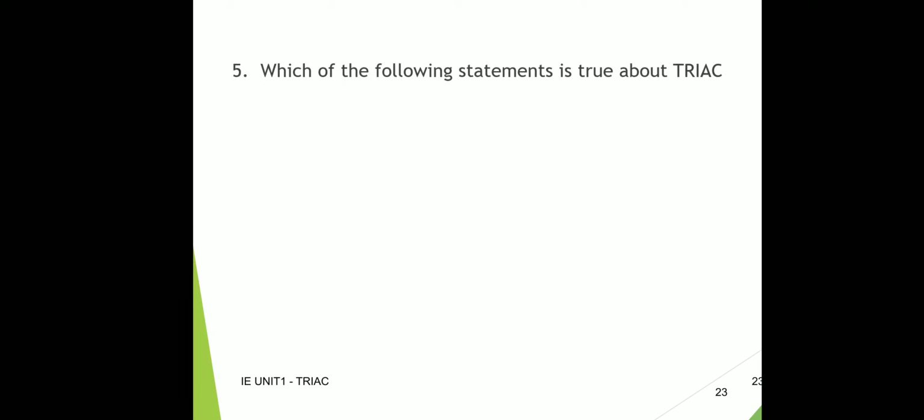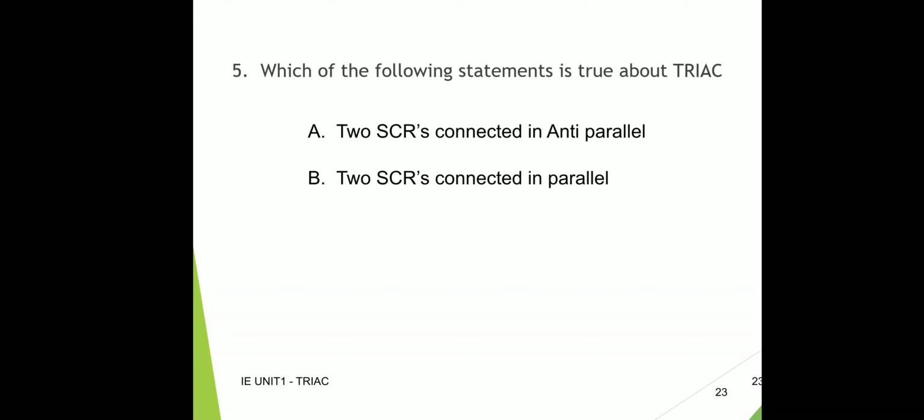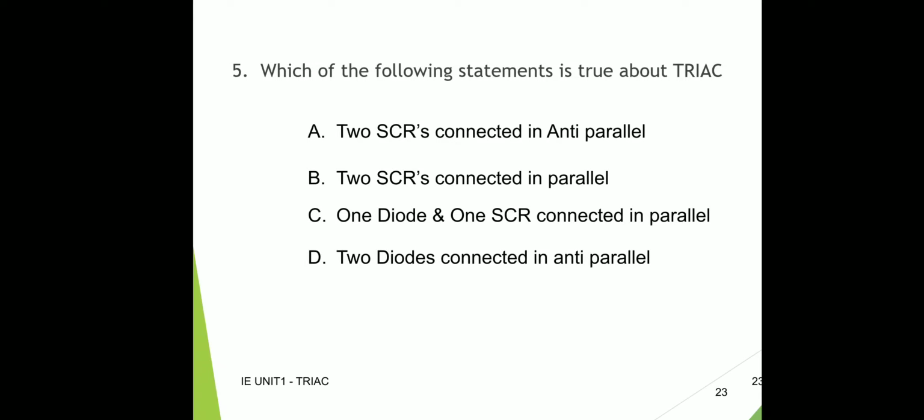Next question, which of the following statements is true about triac? Option A is two SCRs connected in anti-parallel, option B is two SCRs connected in parallel, option C is one diode and one SCR connected in parallel, and option D is two diodes connected in anti-parallel.